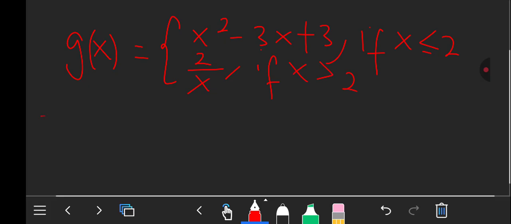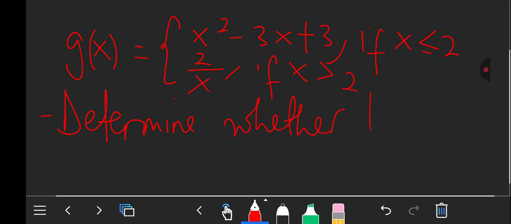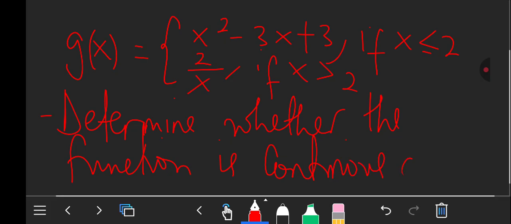Then the question is, determine whether the function is continuous at x is equal to 2. So this is the question. Let's see how we can solve it.